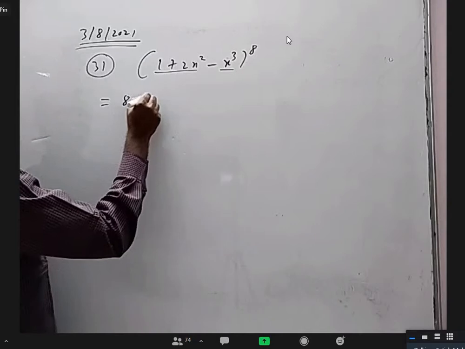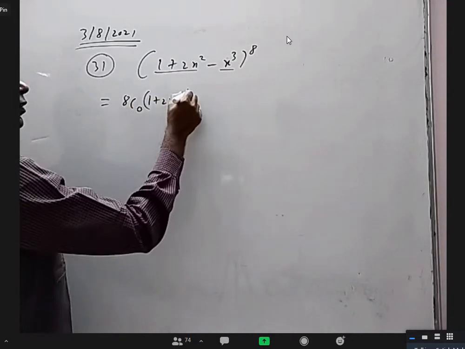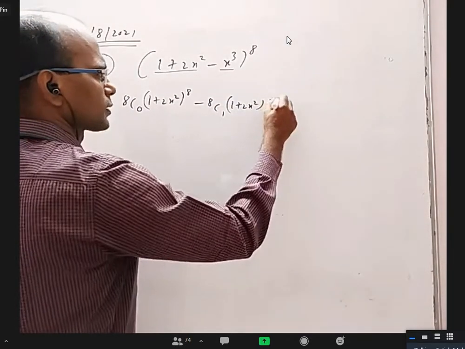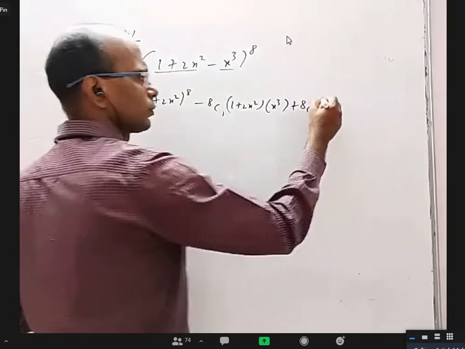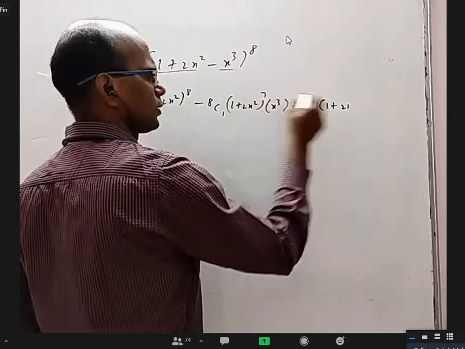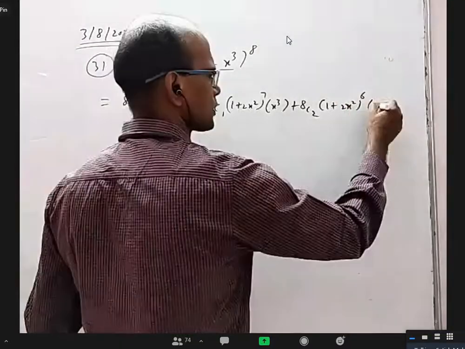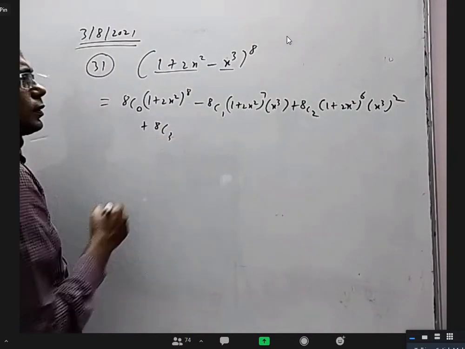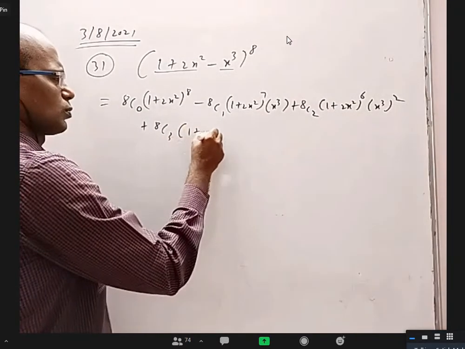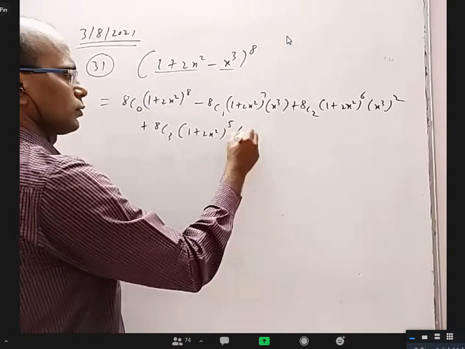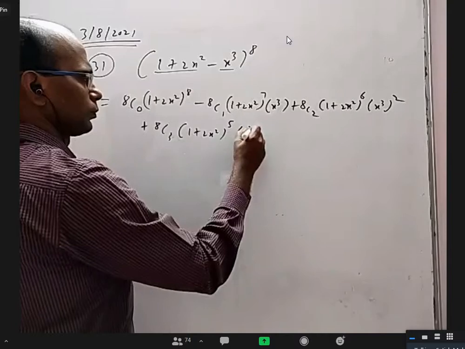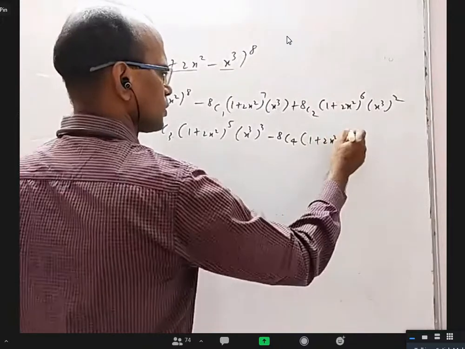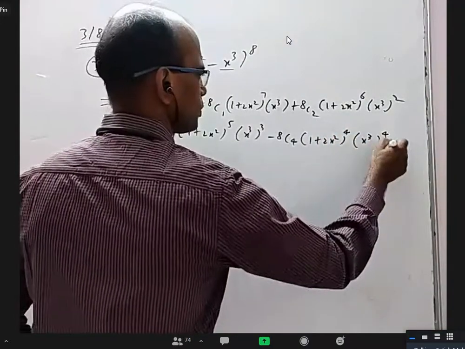You will get 8c0 (1 plus 2x square) whole power 8, minus 8c1 (1 plus 2x square) whole power 7 into x cube, plus 8c2 (1 plus 2x square) whole power 6 into (x cube) whole square, plus 8c3 (1 plus 2x square) whole power 5 into (x cube) whole cube, minus 8c4 into (1 plus 2x square) whole power 4, (x cube) whole power 4.